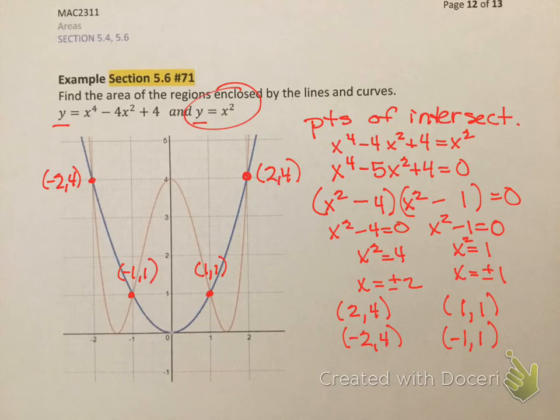Now, think about why these points of intersection are important. And again, if you're not given the graph, you're going to have to be able to find these points of intersection. So copy down what you want, pause the video, and I'm going to clean off some space.